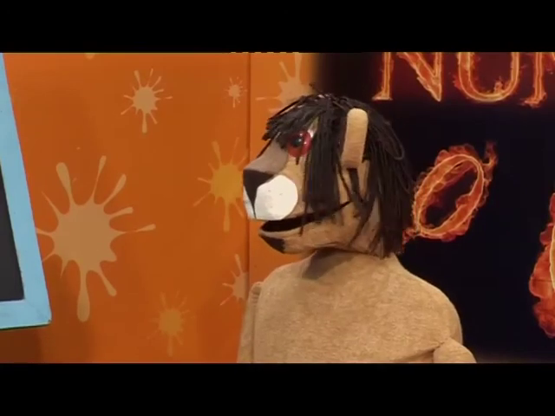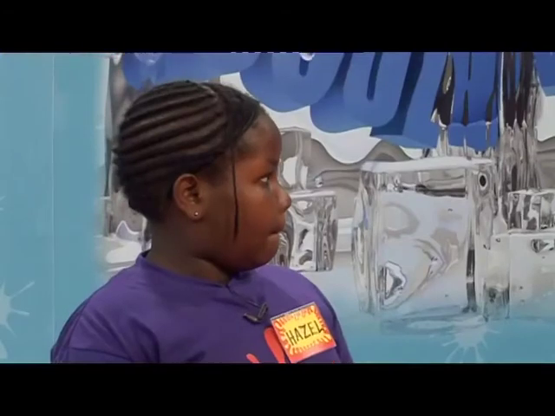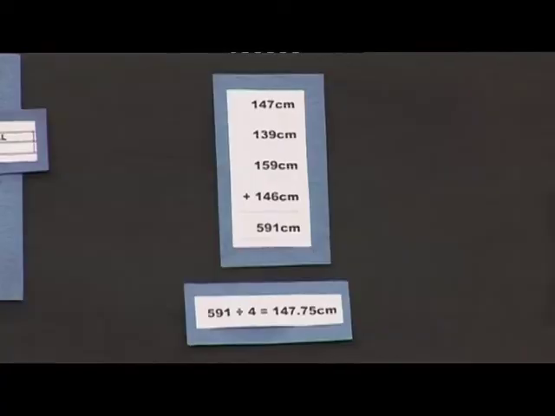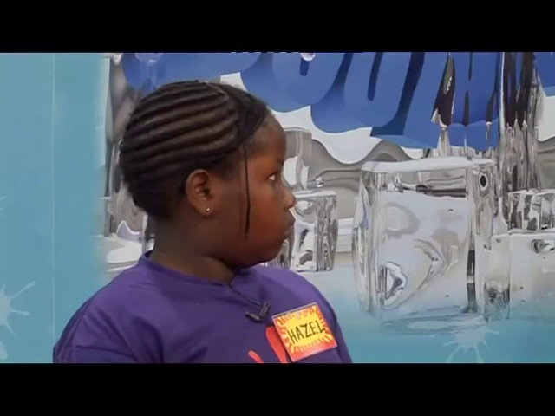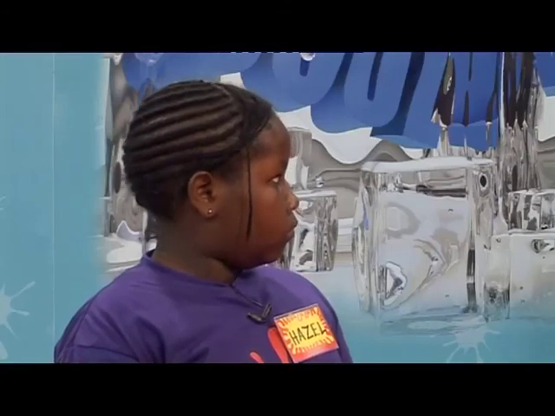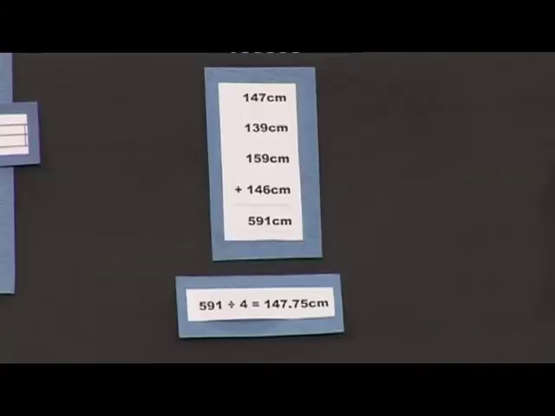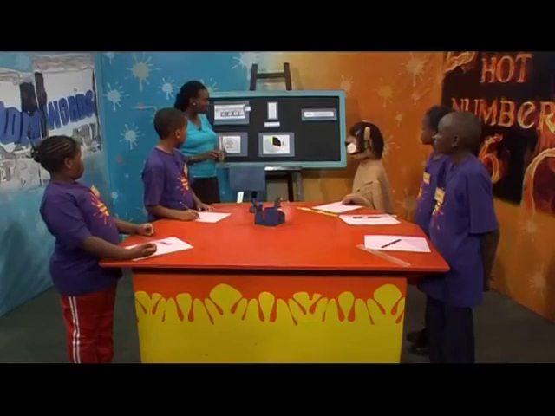And then we divide our figure by 4. So when we divide our figure by 4, it gives us 147.75 centimeters. So we can say that the mean height is 147.75 centimeters.